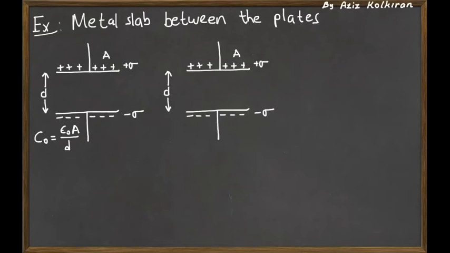So the question is, what happens if we insert a metal slab in between these two plates with a thickness A?